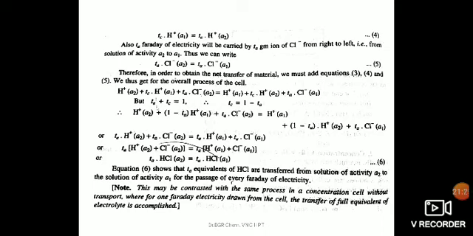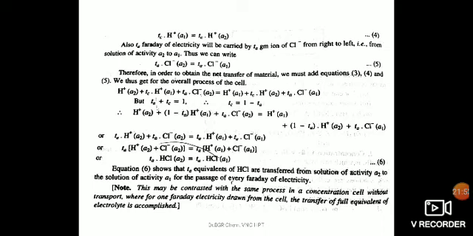And we know that the transport numbers Ta plus Tc equals 1, so that we can have an expression for Tc as 1 minus Ta, and wherever Tc is there, we can substitute 1 minus Ta. Therefore, that equation takes the form H plus A2 plus 1 minus Ta into H plus A1 plus Ta into Cl minus A2 giving rise to H plus A1 plus 1 minus Ta into H plus A2 plus Ta into Cl minus A1.